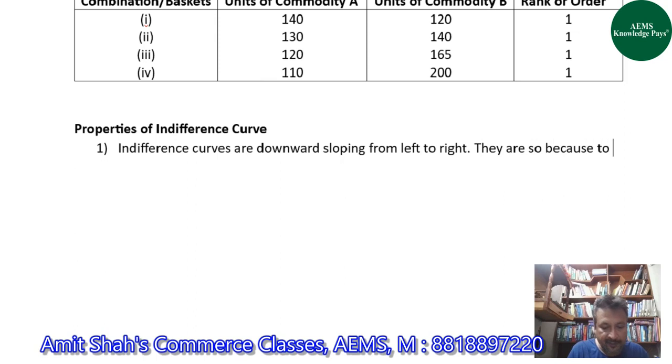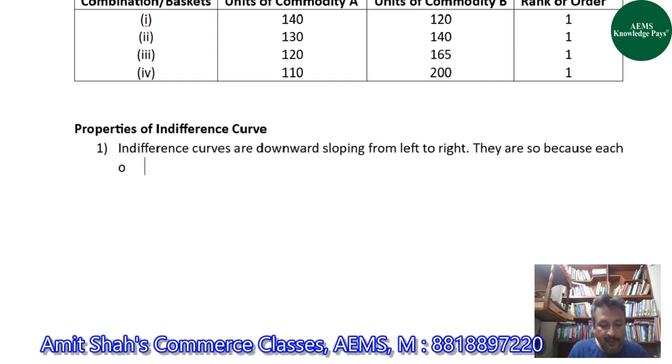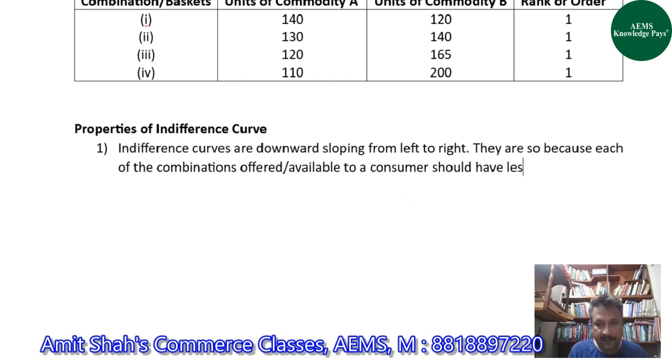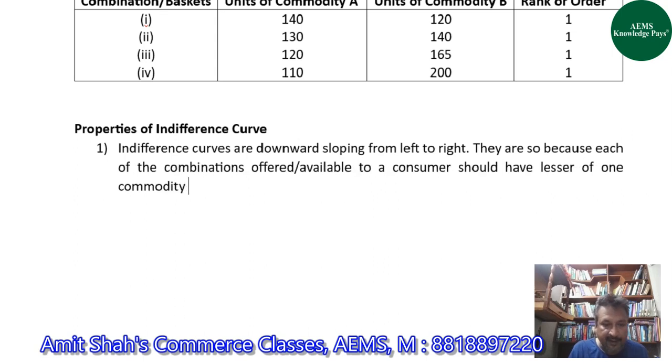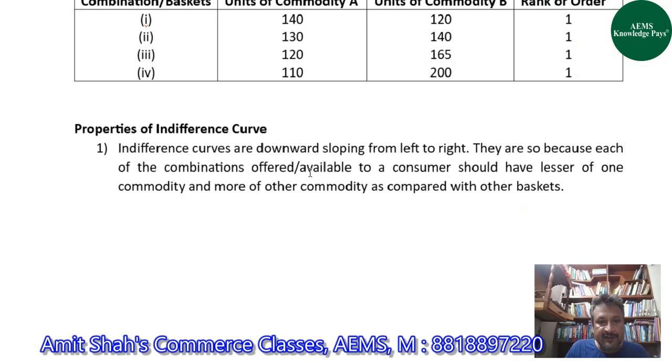They are so because to gain each of the combination offered to or available to a consumer should have lesser of one commodity and more of other commodity as compared with other baskets. Note down this, guys, and then I will explain this point.